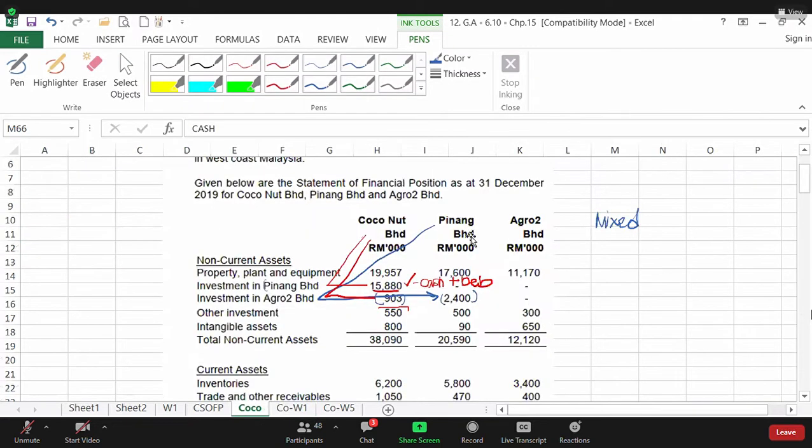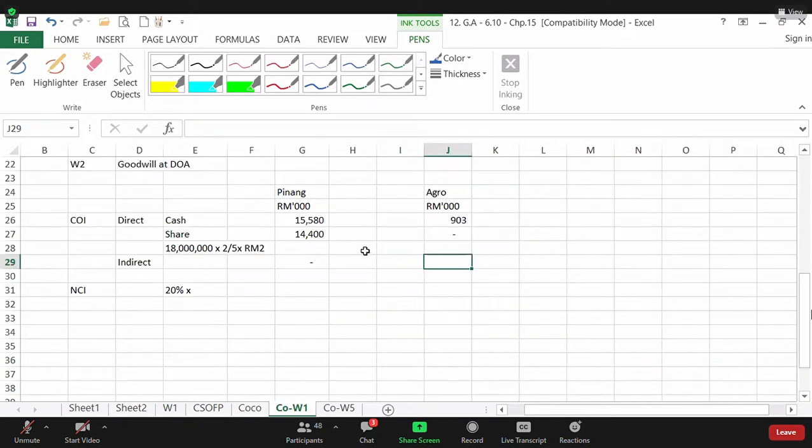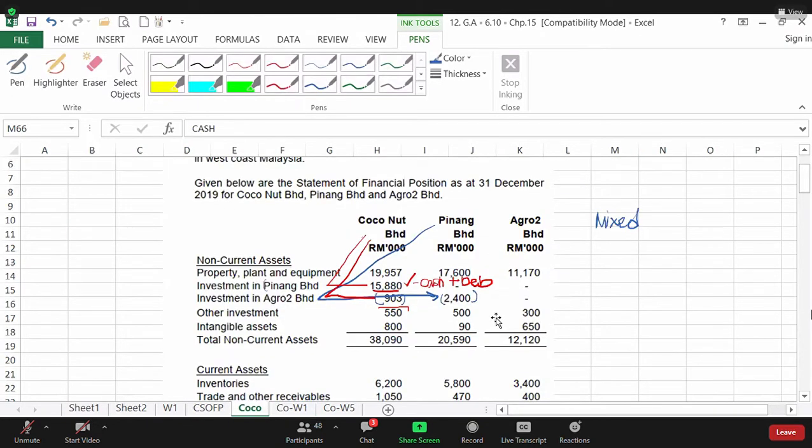Now how much indirect? If you observe here, Penang has investment in Agro and he records the amount of investment in his book about 2.4. However, 2.4 was 100% under Penang, but we do a group. So from the 2.4 million, some of the portion has been controlled by Coconut through Penang.